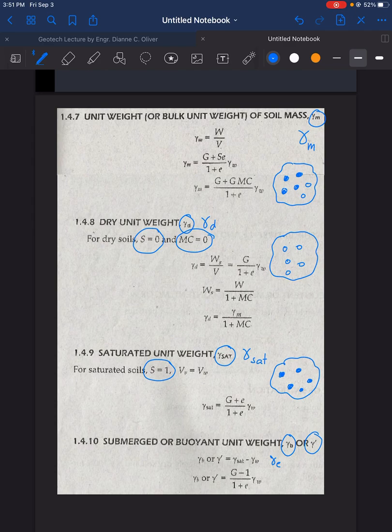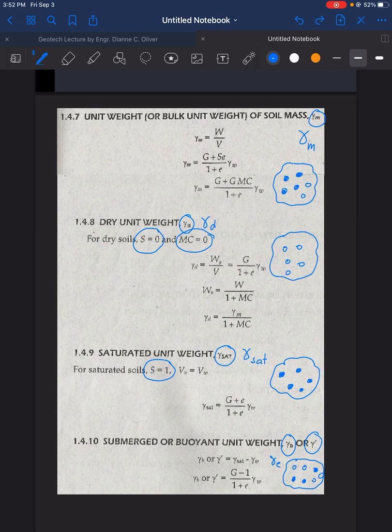So if this is the sample and it has voids in it, some voids contain water, some voids contain air. Does it mean it's the same as the gamma M, since the condition of the sample is the same? No, it's not actually the same.